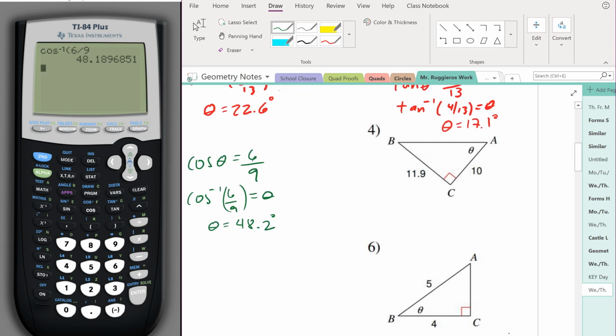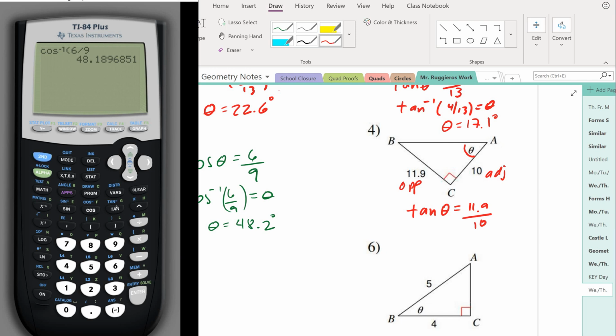In number 4, this is our angle theta. The hypotenuse is not marked. It looks like the 11.9 is opposite that angle, and the 10 is adjacent to that angle. So that's a tangent again. The tangent of the angle is equal to the opposite over the adjacent.